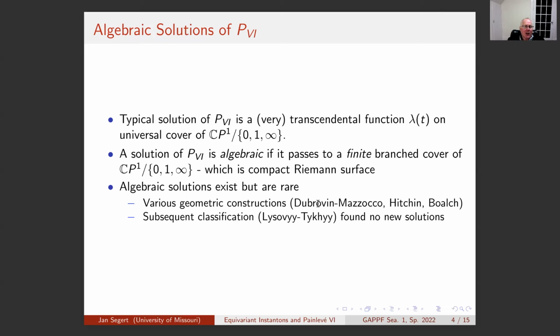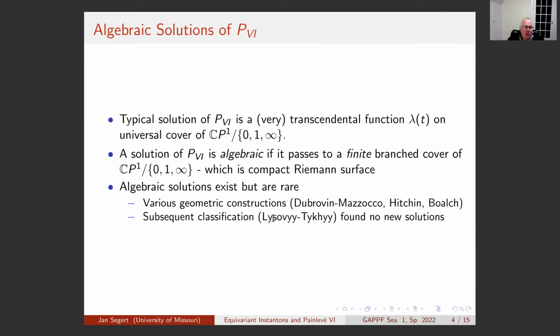There was a flurry of activity on this in the 90s. Dubrovin and Mazzocco found a very interesting collection of algebraic solutions, and Hitchin then did some very interesting work, part of which I'll be building on here, and Boalch actually did a lot of work following that, also finding a lot of solutions.